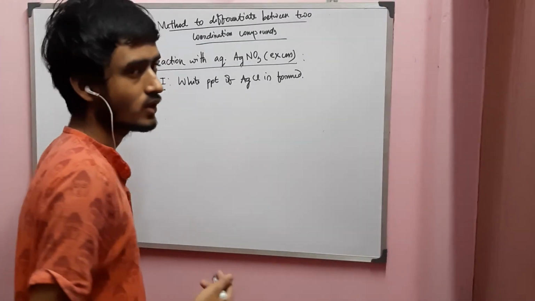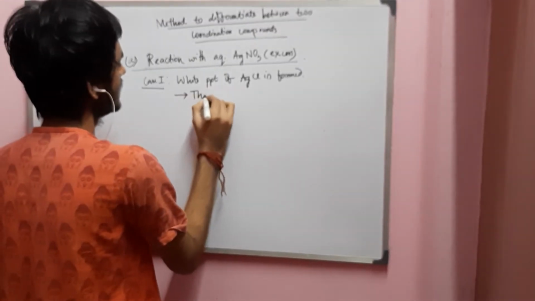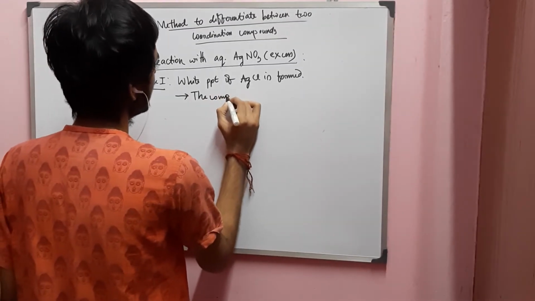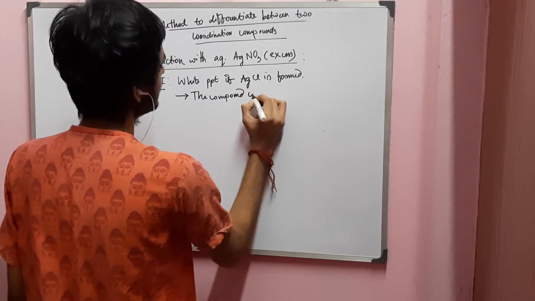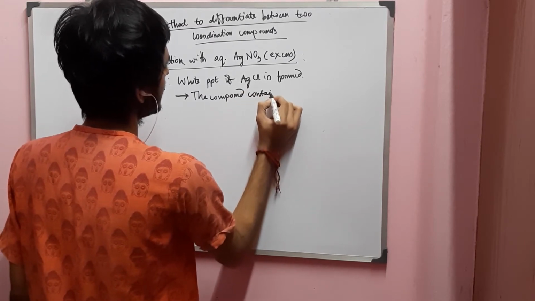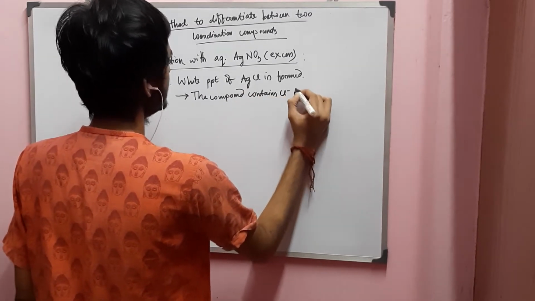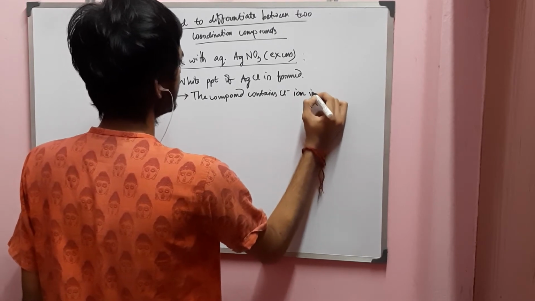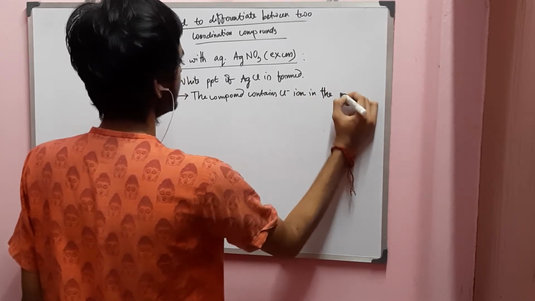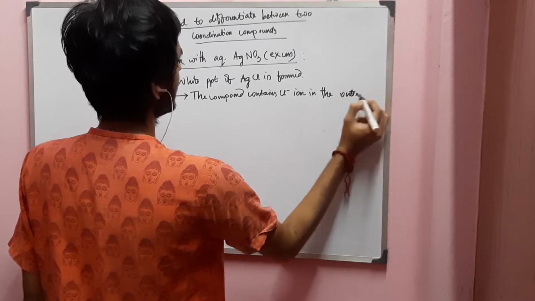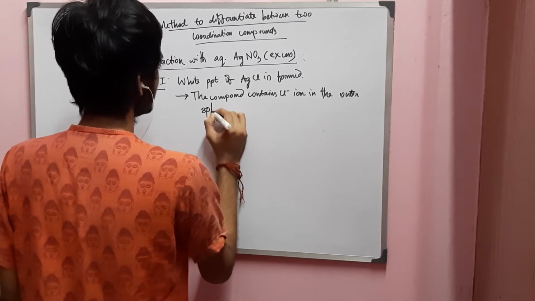What we will conclude from this is that the compound contains Cl minus ion in the outer sphere.